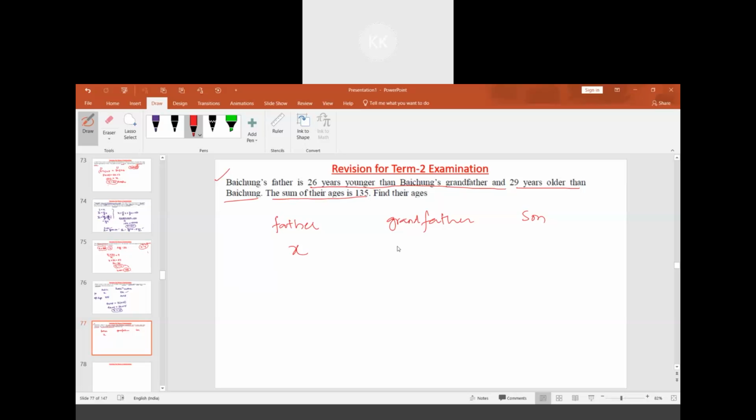Father is 29 years older than Baijung, so Baijung's age will be x minus 29. If we add all these up, we'll get 135. If we are convinced with this, x plus 26, x, x minus 29, yes sir, we shall add.